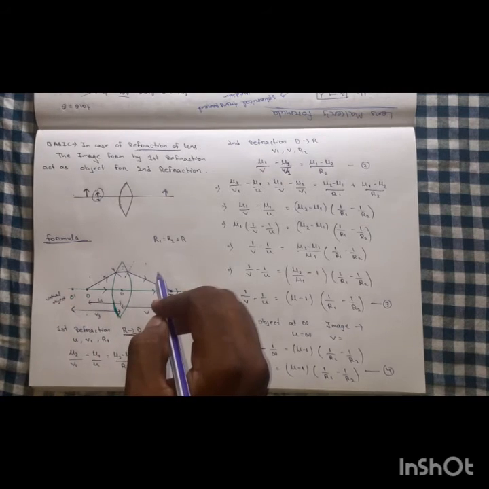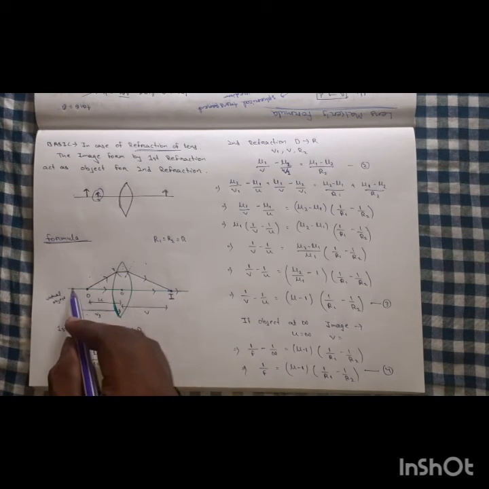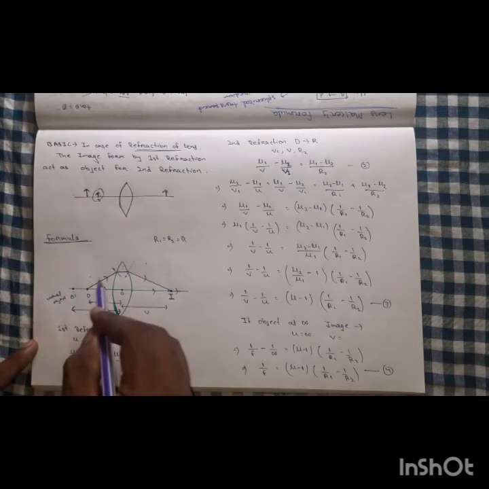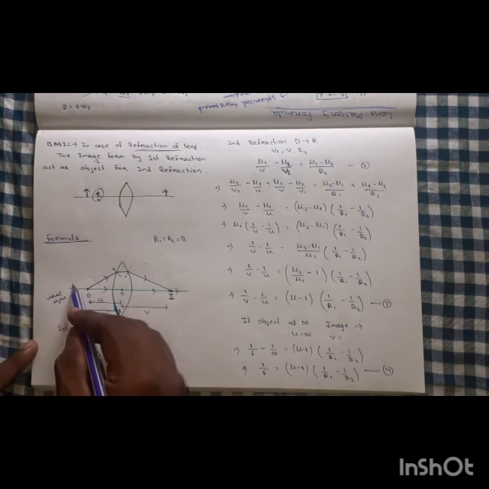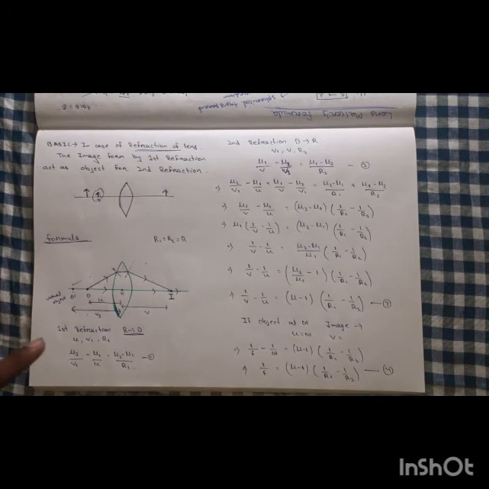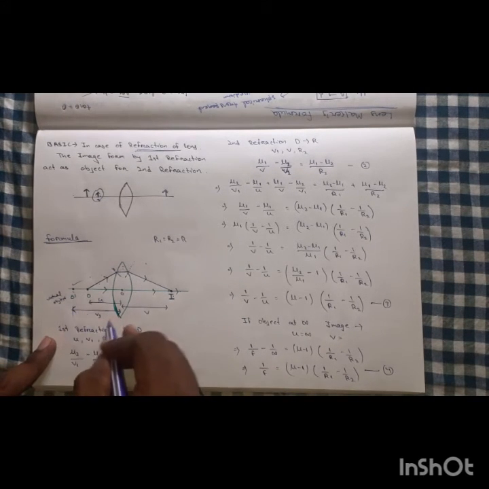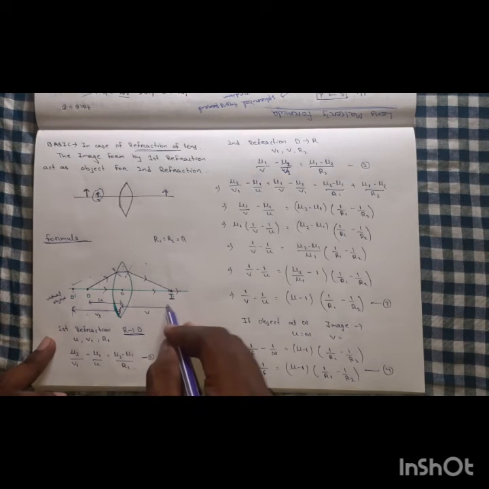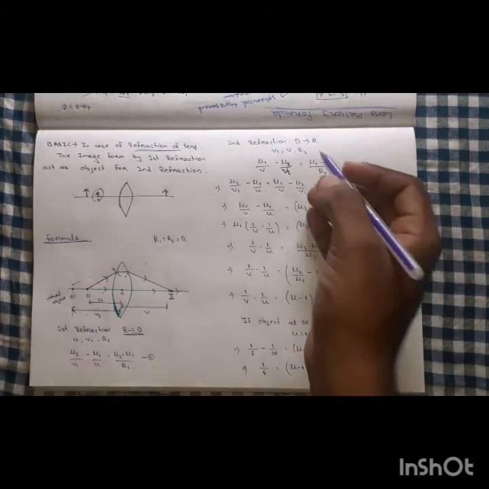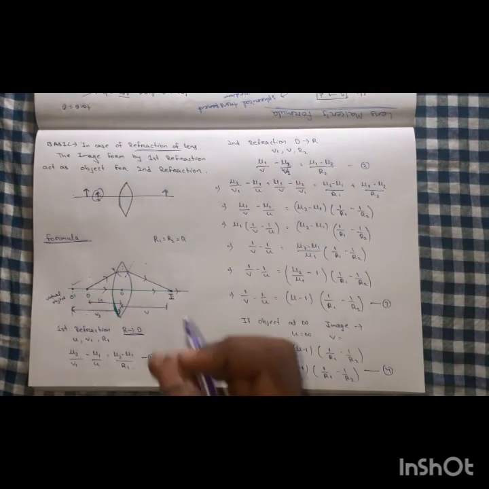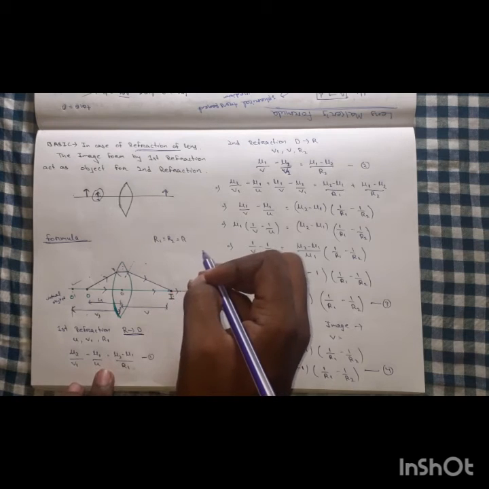But for the second refraction, this image acts as a virtual object. For the second refraction, the real object is this, okay, and image will form here. This distance is the object distance, this distance is the image distance, and radius of curvature is r2, okay. But what is second refraction?